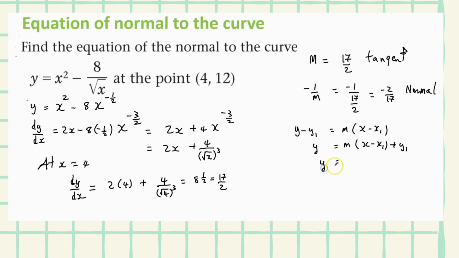So we can write the equation as the gradient, which is minus 2 over 17, into x minus x1, which is 4, plus 12. Okay, so that's the equation of the normal.